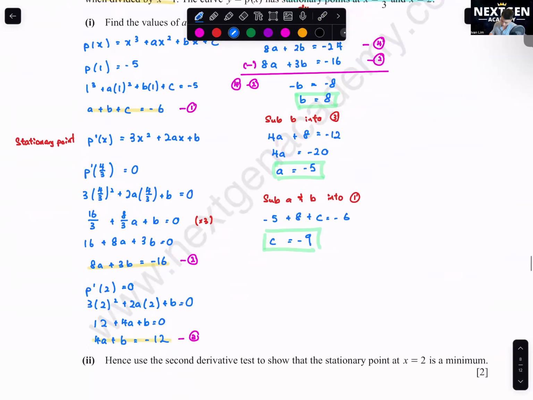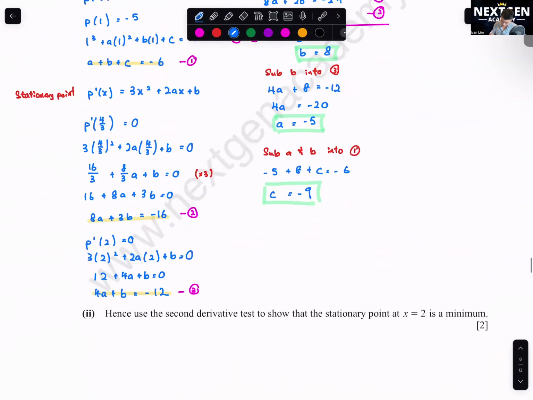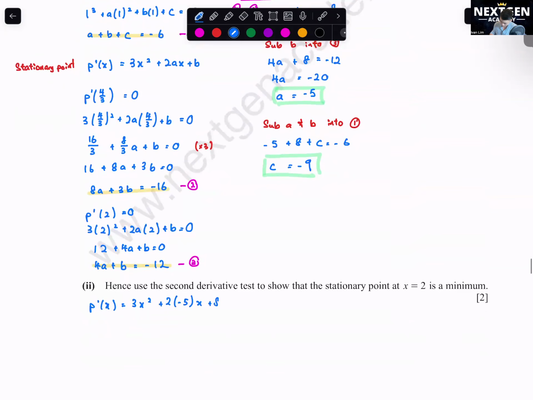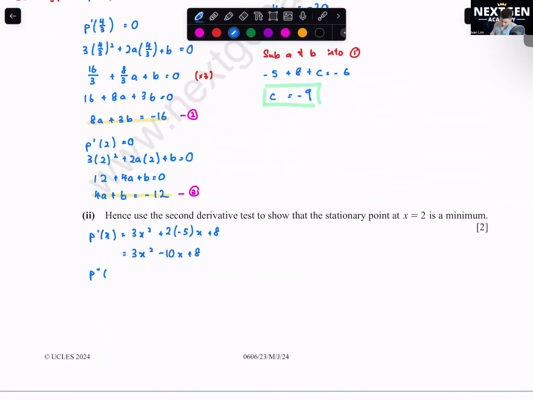We substitute in the values first. p prime x is equal to 3x squared plus 2 times -5x plus 8. So it's 3x squared minus 10x plus 8. p double prime x is equal to 6x minus 10.